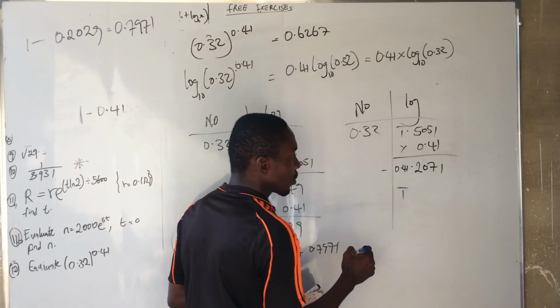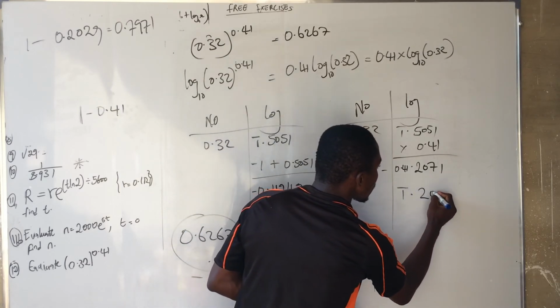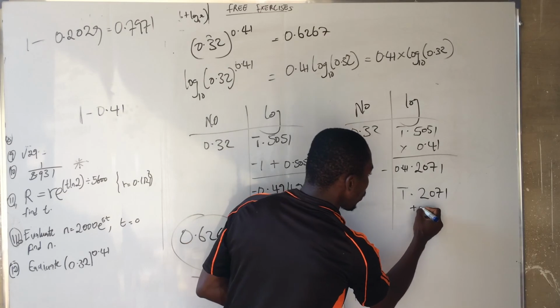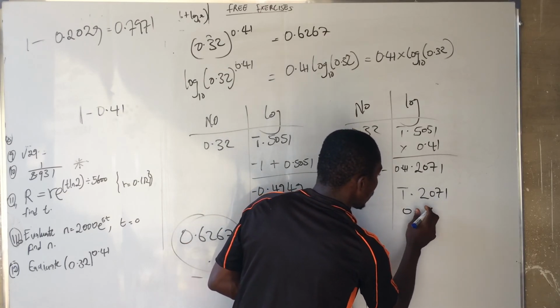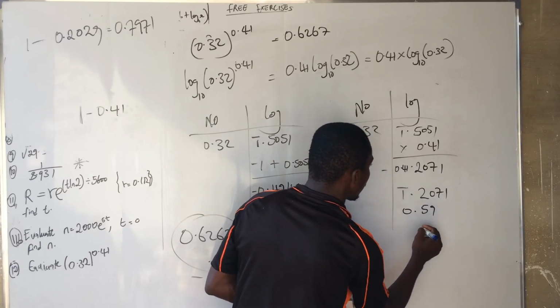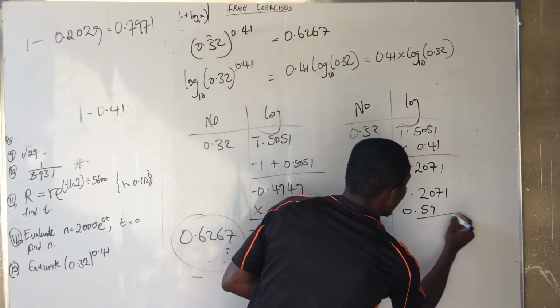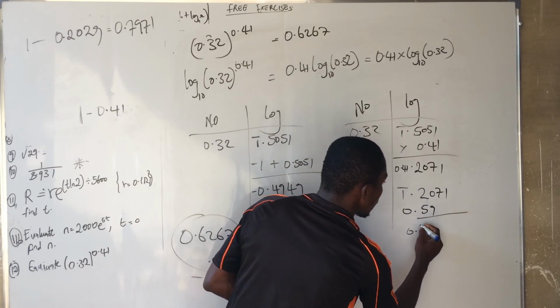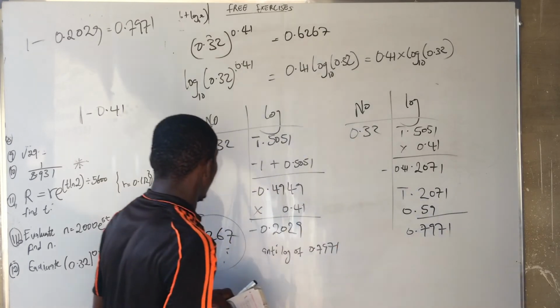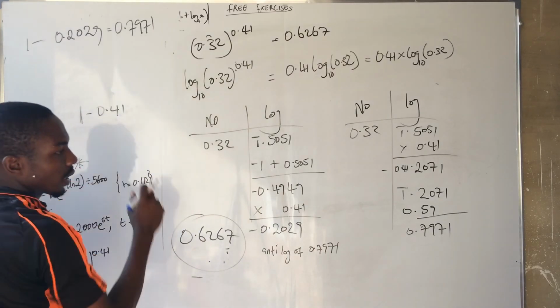So here I'm going to say bar 1.2071 plus 0.59, right? So this is going to give me 0.7971. And that is the same thing we'll have here.